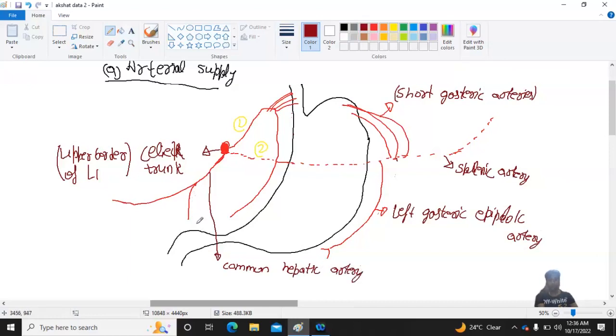It is divided into two branches. This is the hepatic artery proper, and another is the gastroduodenal artery.